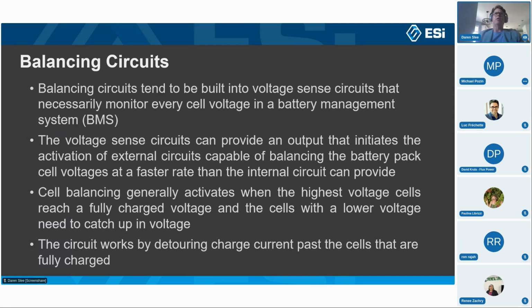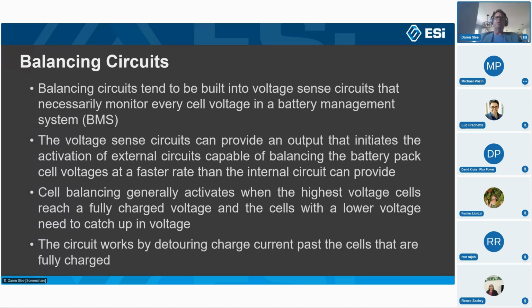So the way the circuits work is that the chips, generally the ICs, the integrated circuits, have a balancing circuit built into their actual structure, but they balance very slowly.